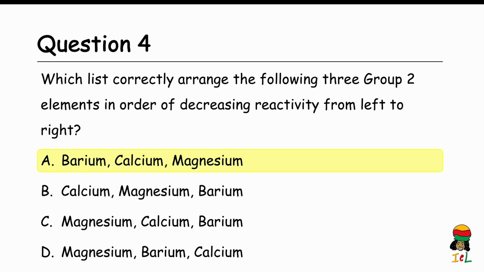The answer is A. Barium, calcium, magnesium. Barium is more reactive because the atom is larger with more shielding, hence it readily loses its 2 valence electrons. Magnesium has a lower reactivity because the atom is smaller than the other 2 and has less shielding, therefore will not lose its valence electrons as easily.